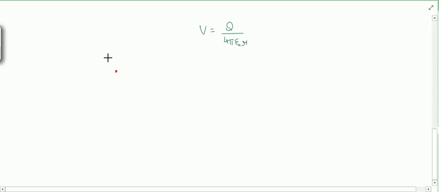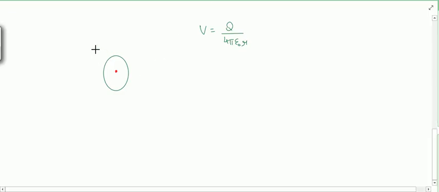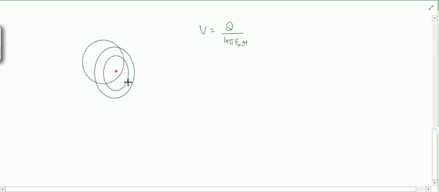So the equipotential surface around this point charge will be somewhat like this. This is one equipotential surface. I can change the value of r and find another equipotential surface, like this. So there will be many equipotential surfaces if I change the value of r again.